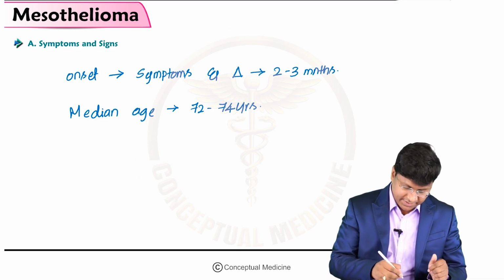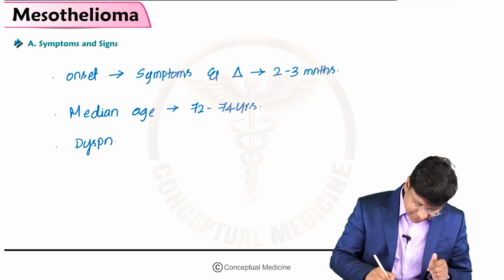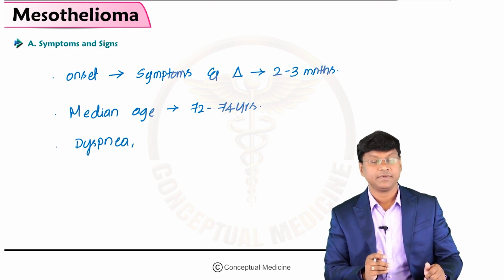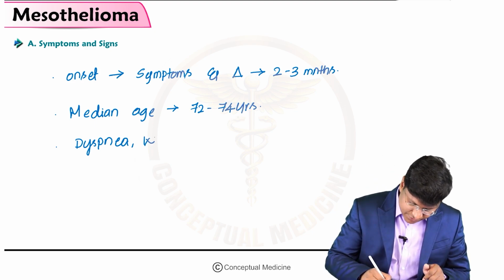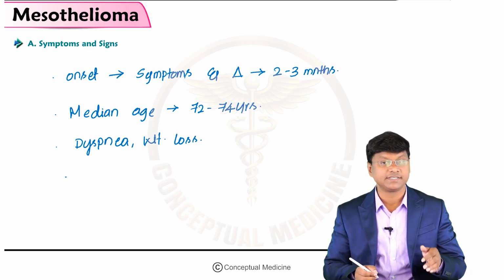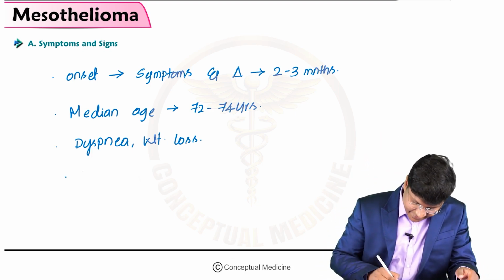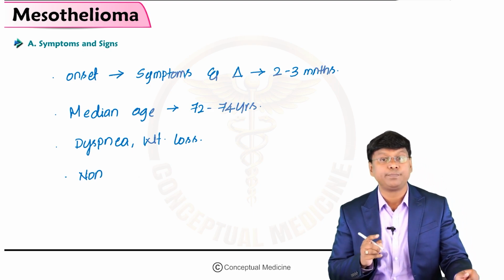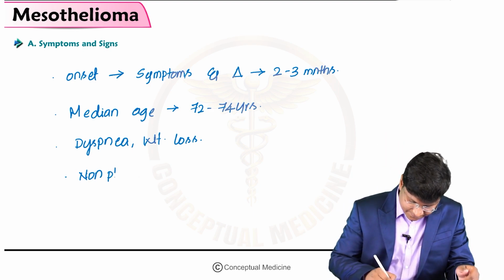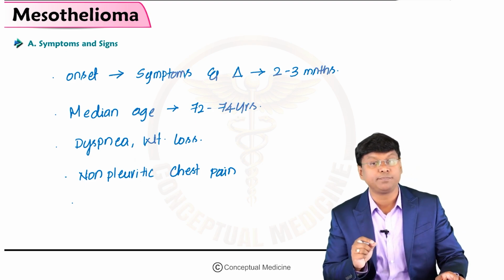The symptoms are dyspnea, that is shortness of breath, and weight loss, because with any malignancy there will be increased metabolic activity of the cells, which consume energy, causing weight loss. There will also be non-pleuritic chest pain. In pleuritic chest pain, the pain increases on inspiration and is a pointed pain, whereas here it is non-pleuritic chest pain.